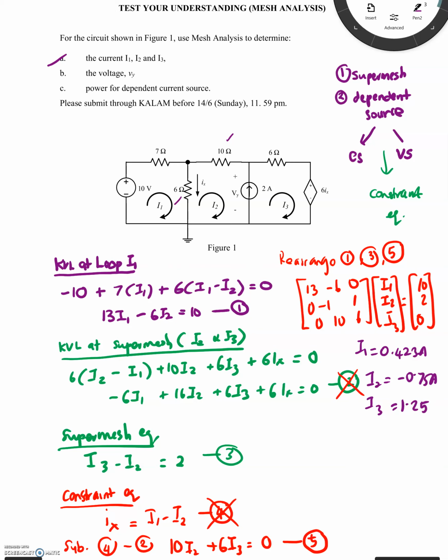So where is the location of Vy? The Vy location is at the middle of the circuit. So the voltages related to Vy are V at the 6 ohm, 10 ohm, and of course Vy, and then you need to do a KVL at the I2.